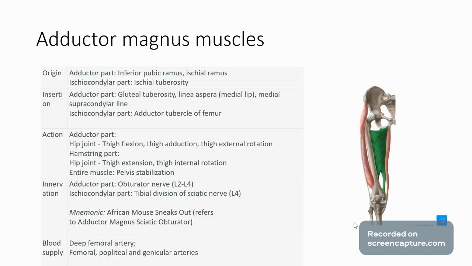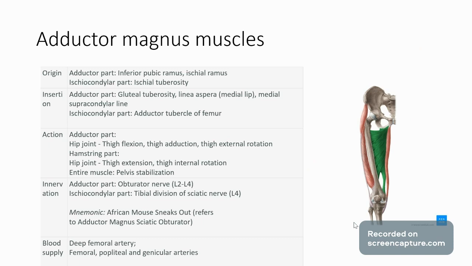The next muscle of the leg is the adductor magnus muscle. The origin of the adductor magnus muscle is from the inferior pubic ramus, ischial ramus, and ischial tuberosity. It is inserted into the gluteal tuberosity, linea aspera, and medial supracondylar line. It is also inserted into the adductor tubercle of the femur.